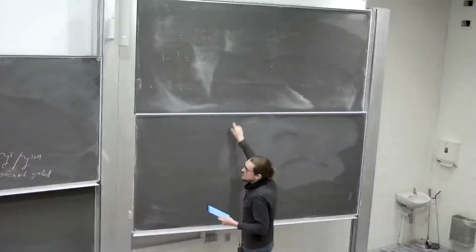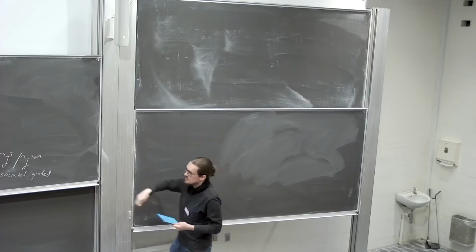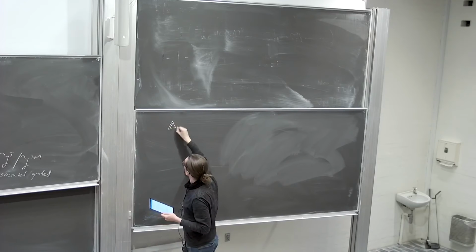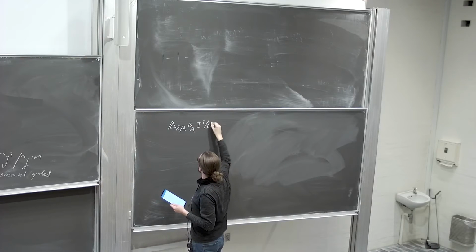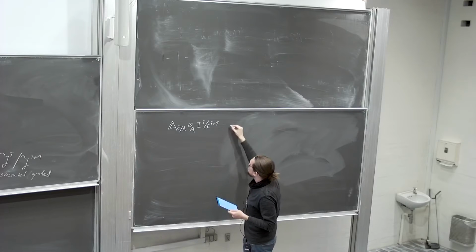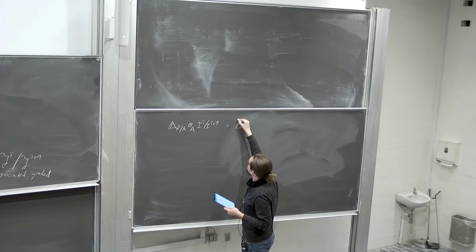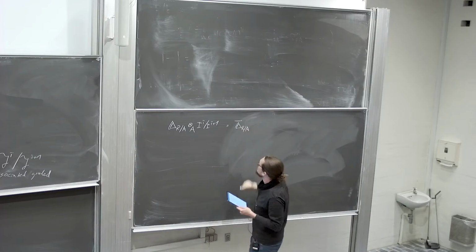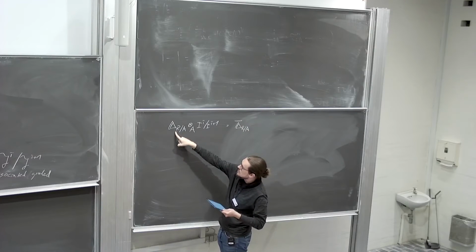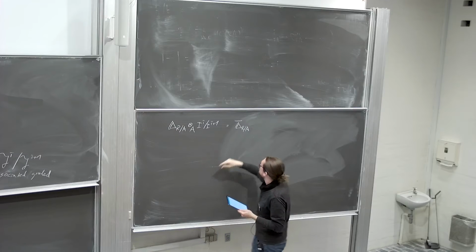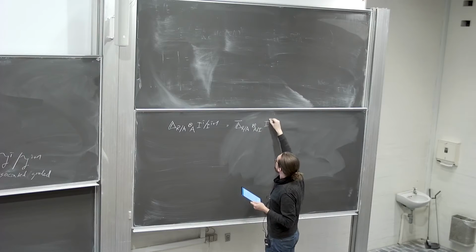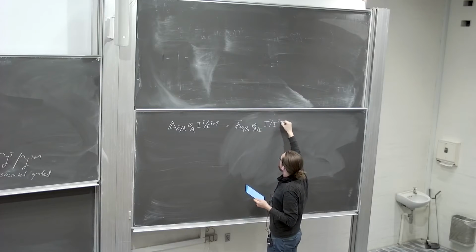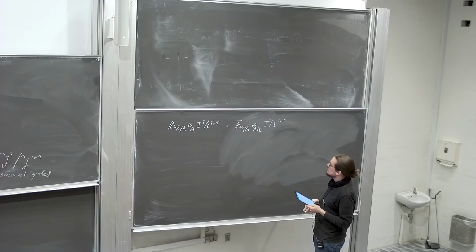This has associated graded terms, given by this, which we can also write as prism bar, which is the mod I reduction of this, base changed along A mod I to I mod I plus 1.